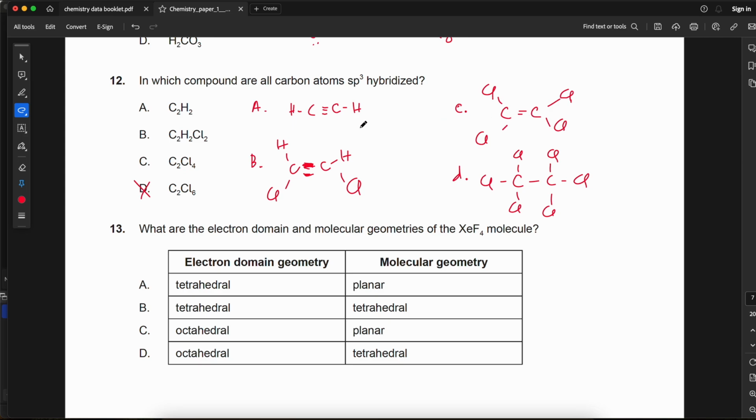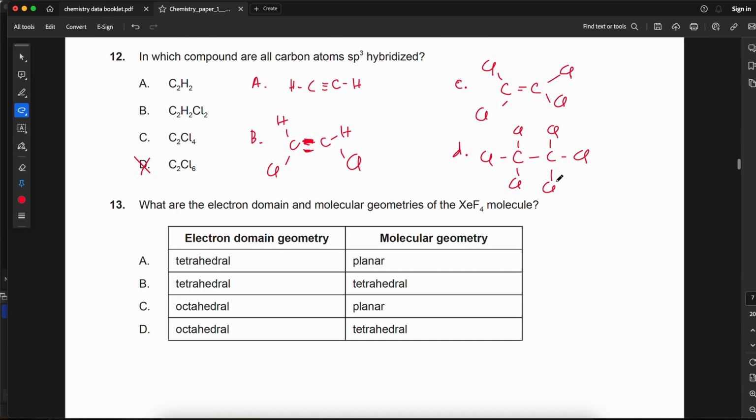For sp, it is 1 single bond and 1 triple bond, or 2 double bonds, or 1 triple bond and 1 lone pair. So that's why the answer is D. D, sp3 is an atom with 4 single bonds, this one. So sp3, and this one is sp3 as well.